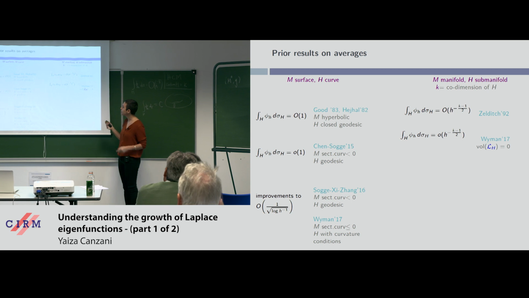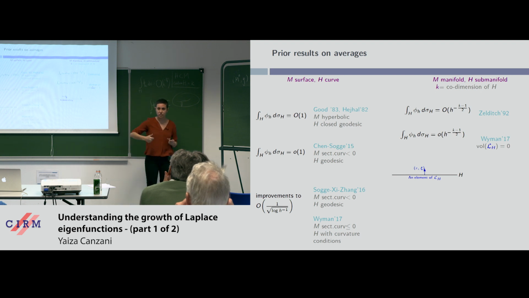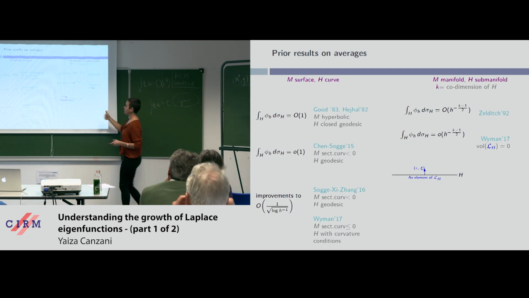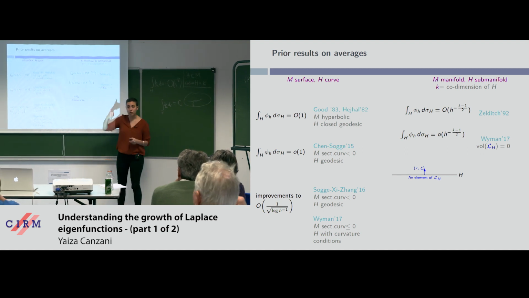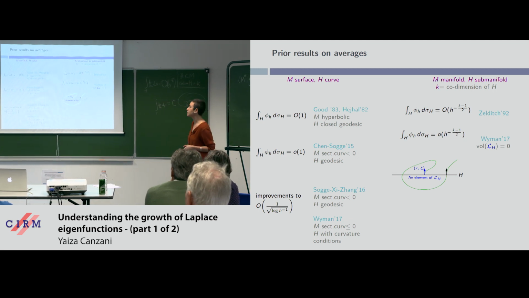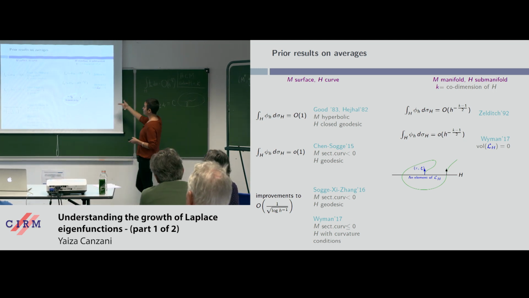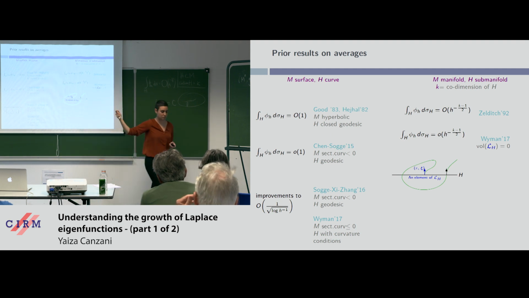Wyman proved that you can improve this universal upper bound to a little o if you work with the set of looping directions that are conormal to H, and the volume of those directions is 0. So I'm going to say that a direction is looping with respect to H if it's conormal to H and the geodesic flow brings you back to H after some time. If the volume of such directions is 0, then you get this little o improvement.